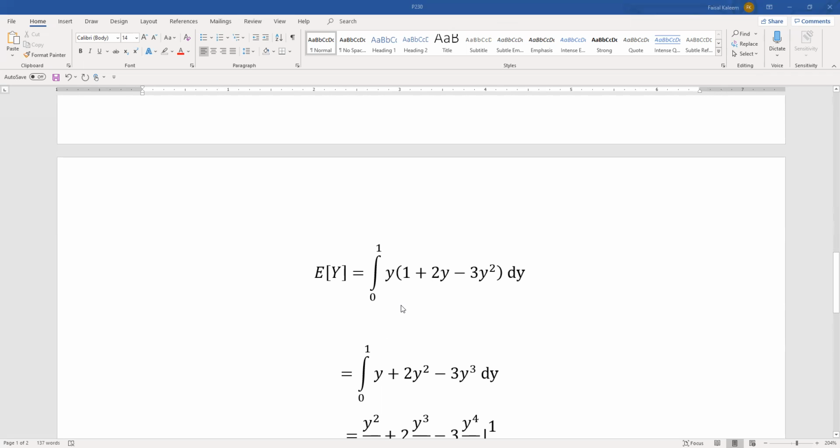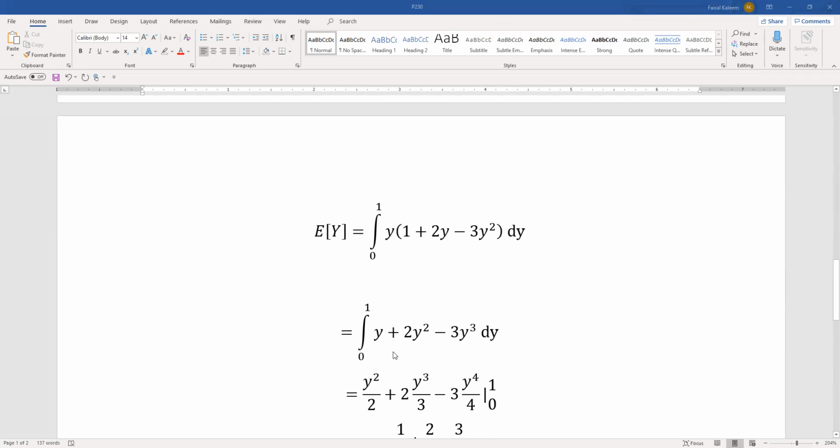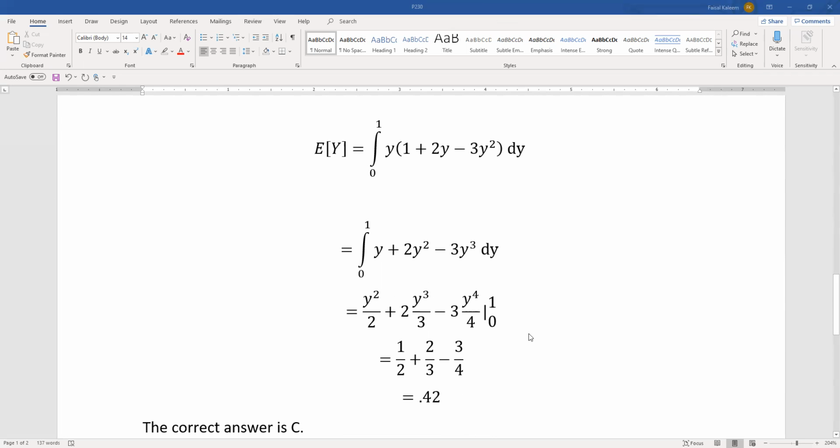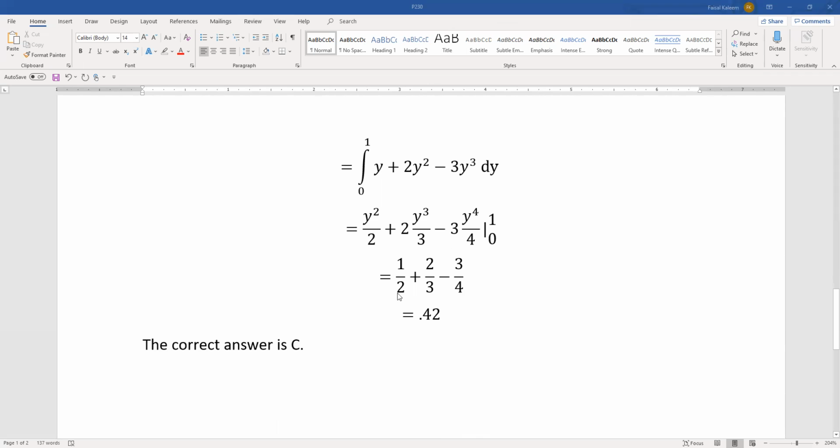Before integrating, we multiply the y out: y + 2y² − 3y³. When you integrate, this is y²/2 + 2y³/3 − 3y⁴/4. When you substitute the limits, you end up with 0.42. That is choice C.